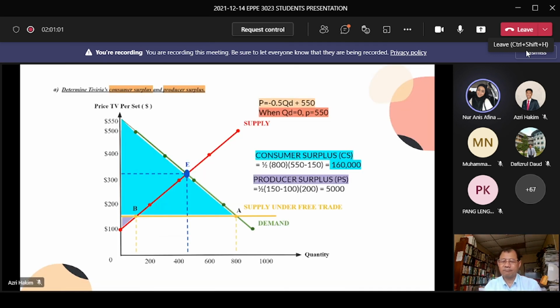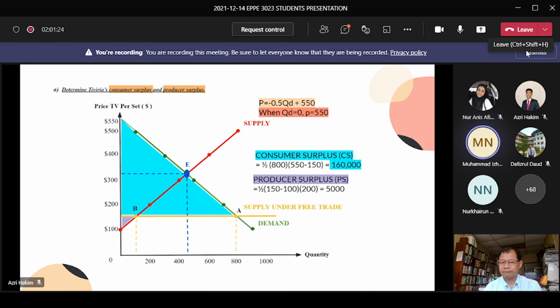Thank you. Okay, we go to the question about consumer surplus and producer surplus. So I want to recap consumer surplus. We studied consumer surplus in macroeconomics maybe. Consumer surplus is the difference between the price a consumer pays and the price he would be willing to pay, so the demand curve.